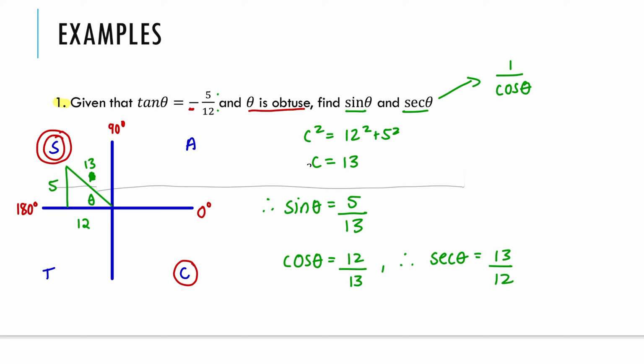Now what you would have noticed is that there's one thing I'm missing from my final answer. Sine theta is positive in this quadrant, but unfortunately cos theta is actually negative. So in my final answer, I'm going to make sure that I have a negative with it. So my final answer is that sine theta is equal to 5 over 13, and that sec theta is equal to negative 13 over 12.